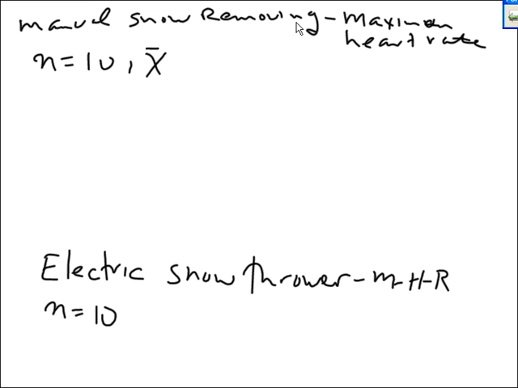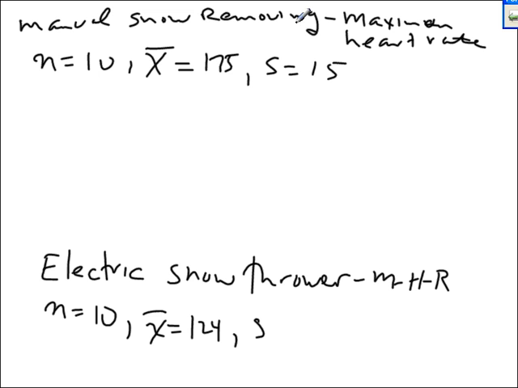In the first case, the average heart rate was 175, and the standard deviation was 15. And in the second case, where they used an electric snow thrower, the average heart rate was only 124, and the standard deviation was 18.